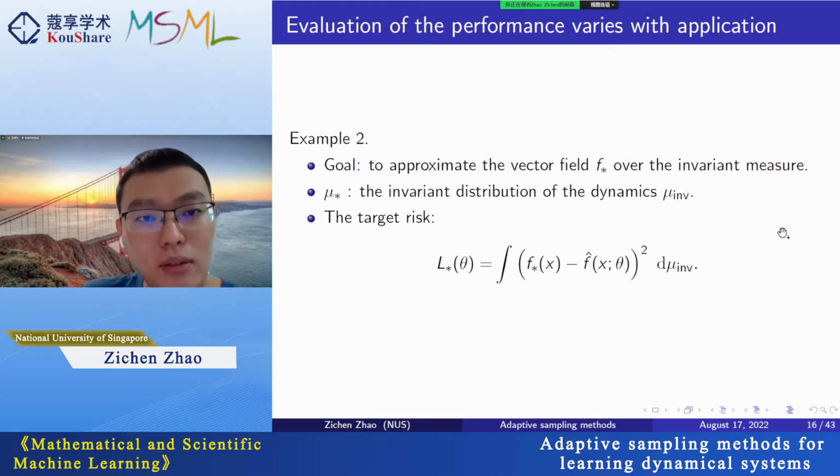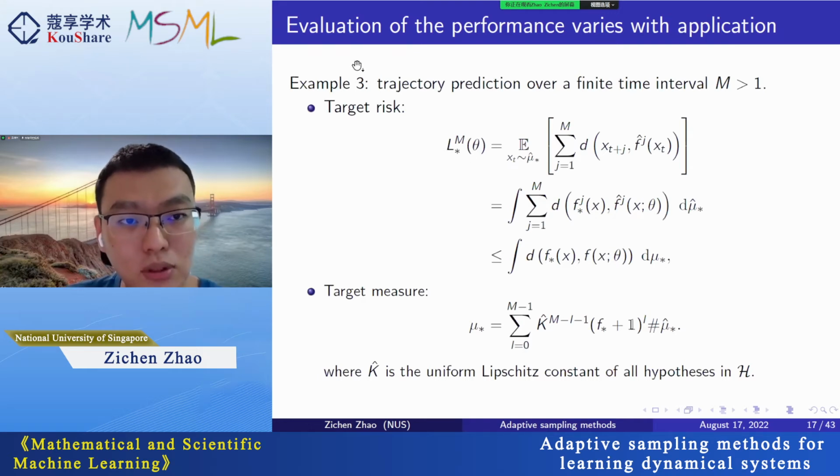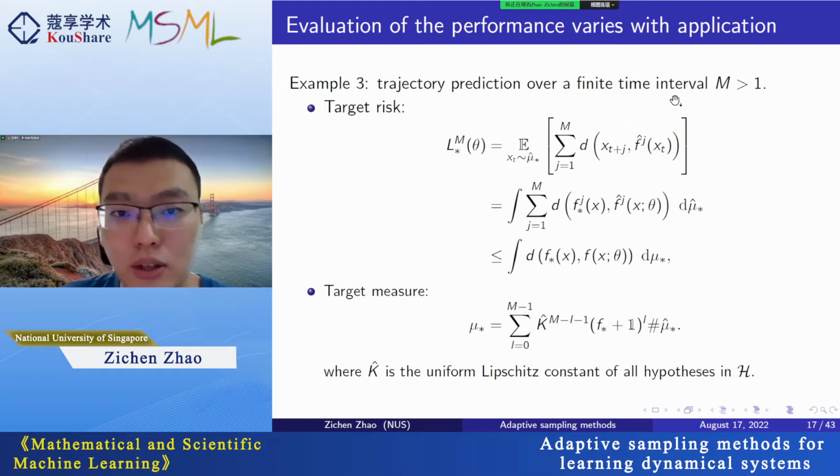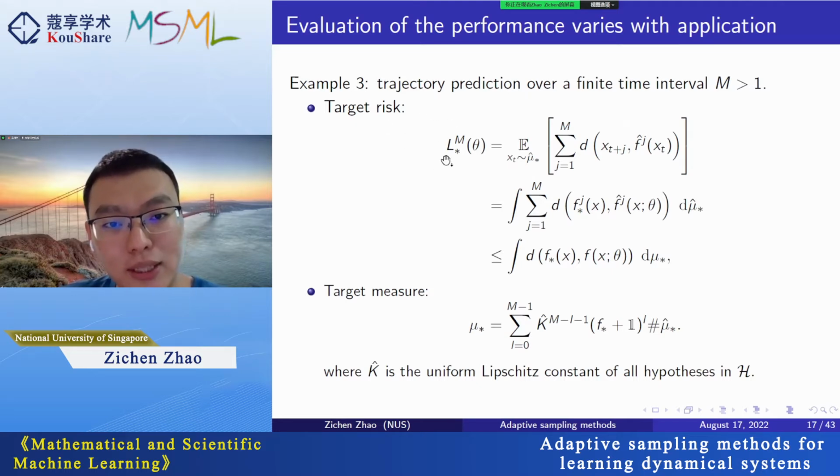And when we come to example 3, one important case that cannot be covered by our previous definition of L star is the multi-step prediction, right? So in this case, the multi-step target risk L star can be expressed this way, right?